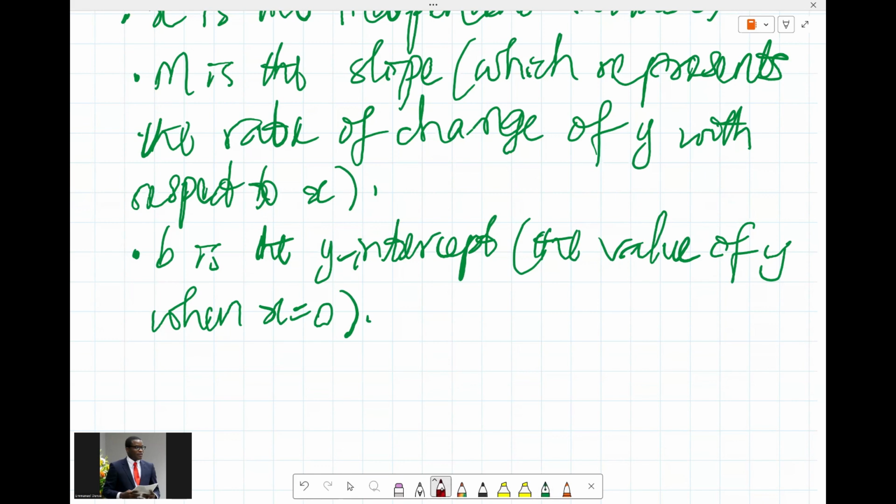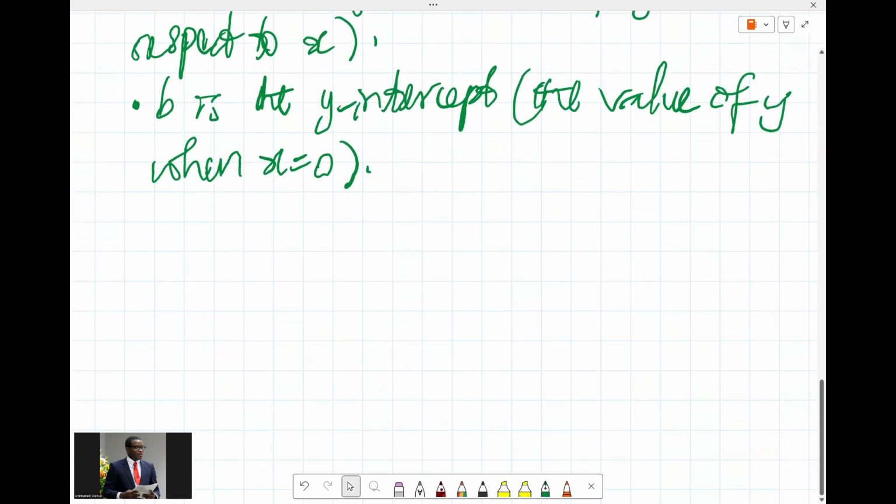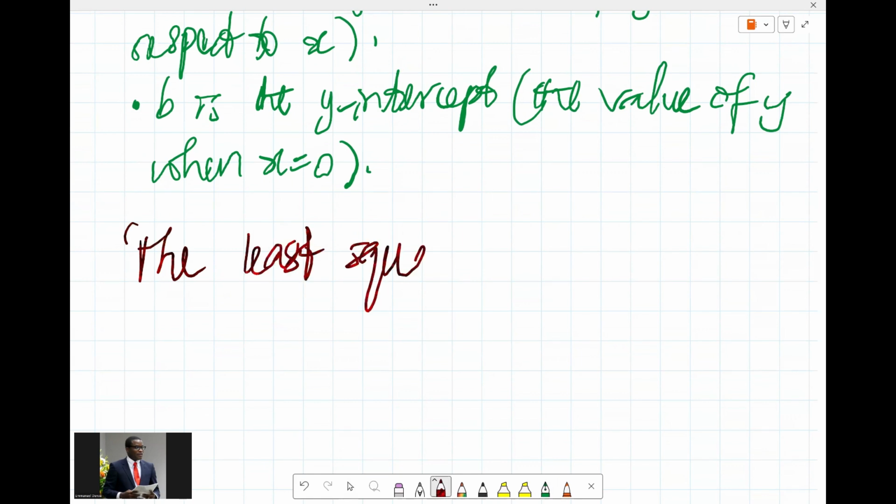So the least squares method, which we are focusing on, as the name implies, least squares.